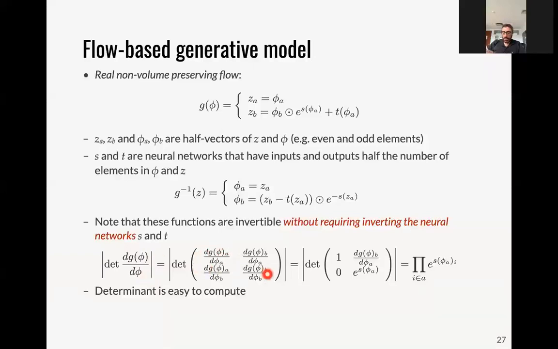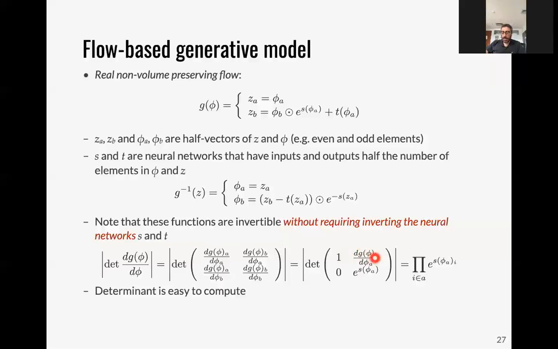But broadly, you can block it up into this 2x2 matrix where you have, for example, the even-even derivative here, the odd-even derivative there, the even-odd derivative here, and the derivative of the odd elements over the odd elements there. And you can see that if we're doing dG, then if you take the derivative of the even elements with respect to even elements, then you just get 1, right? So the top left corner of this matrix is just a unit matrix.